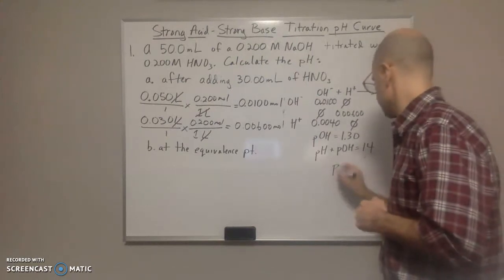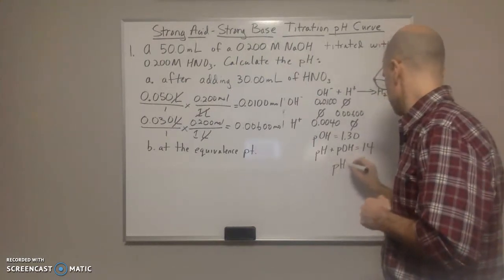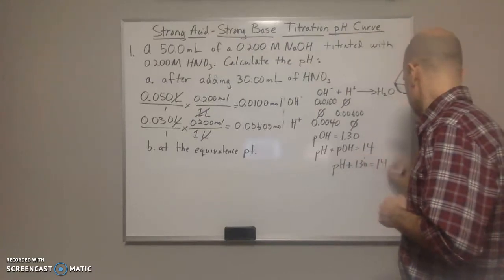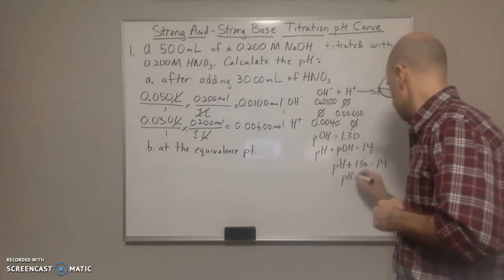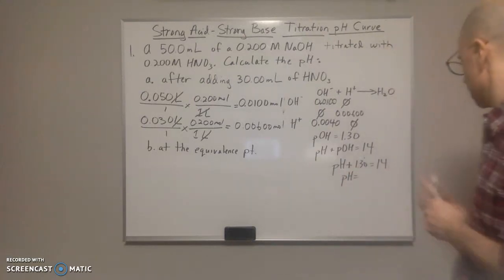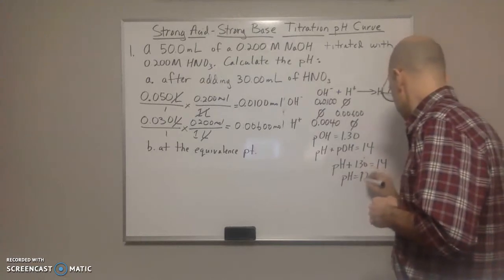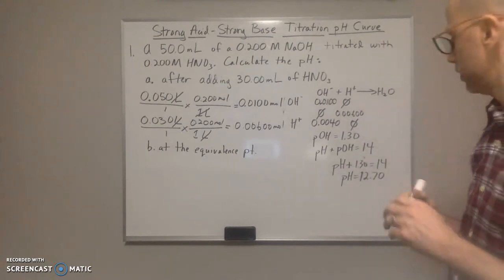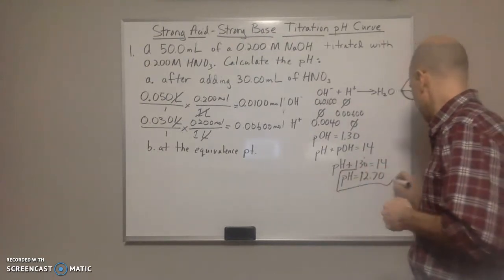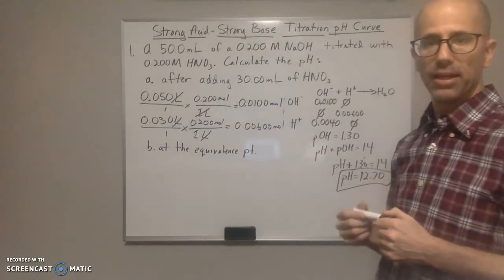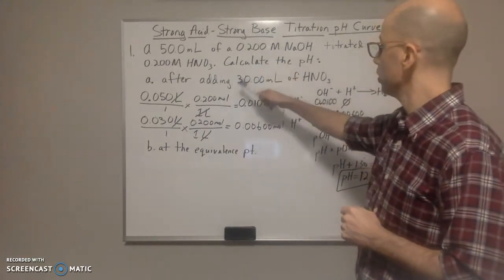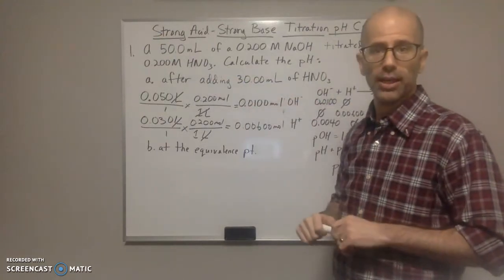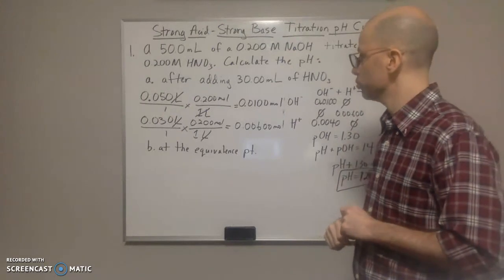So pH plus 1.30 equals 14. So then pH is going to be equal to 12.70. So that would be the pH after adding 30 milliliters of our 0.2 molar HNO3 solution.